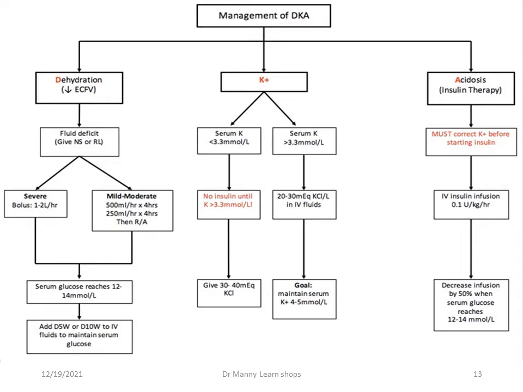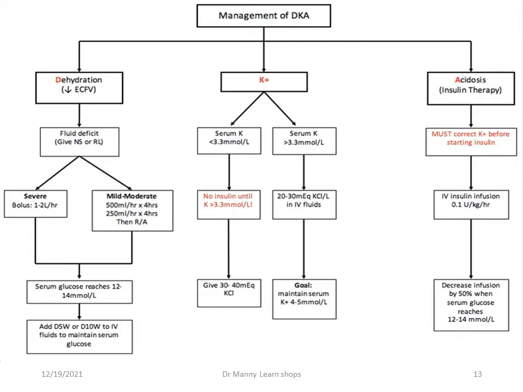When it comes to hyperkalemia, the potassium, if it's less than 3.3, then no insulin is given until the potassium is greater than 3.3, because the insulin will drop the potassium further. So the insulin is only given when the potassium is in the normal range. If the potassium is greater than 3.3, then KCl, potassium chloride, can be given.